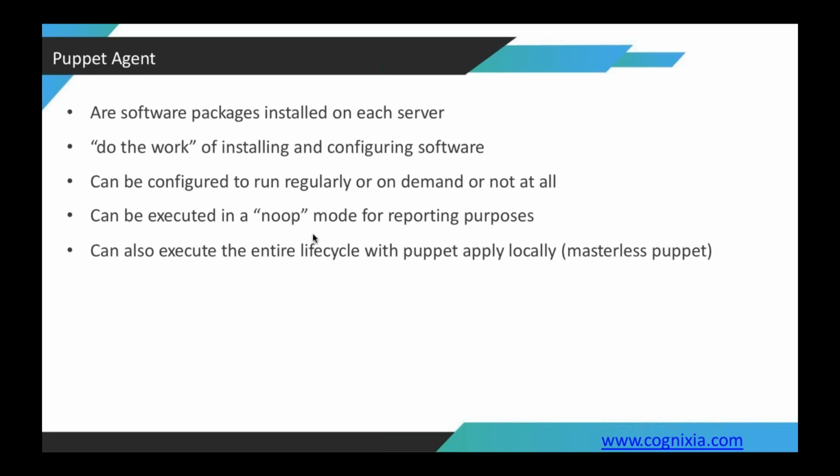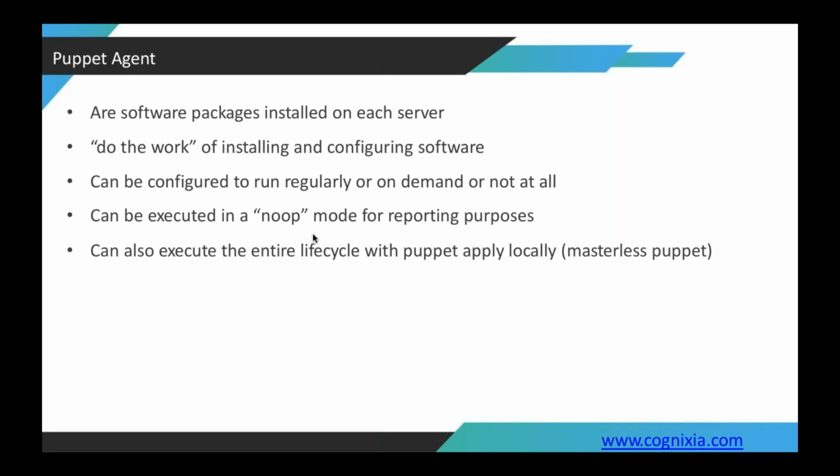It's not going to make the changes, it's just a dry run to see what changes would happen. Because sometimes when you are running web servers or other servers like that, you want to see what changes would be implemented before running the Puppet agent. Otherwise it might cause an outage if it's not properly written or there are some local changes.